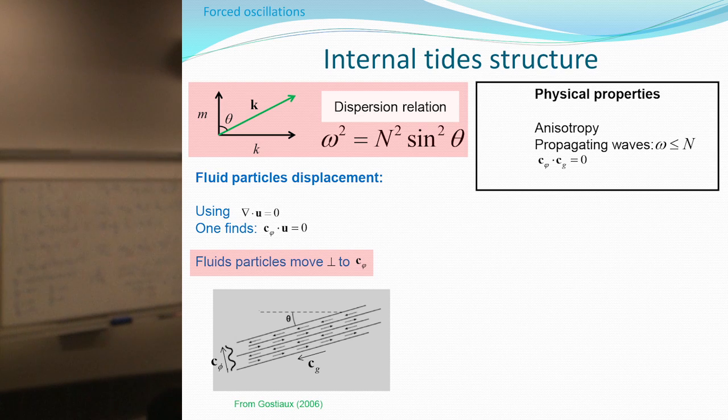So consequently, the fluid particle propagates perpendicular to the phase speed, or parallel to the group speed. So they propagate in the direction of the beam. So this is the group speed, if we've got a beam propagating downwards. Fluid particles propagate in the same direction as the group speed, while the phase speed is orthogonal. Make sense?